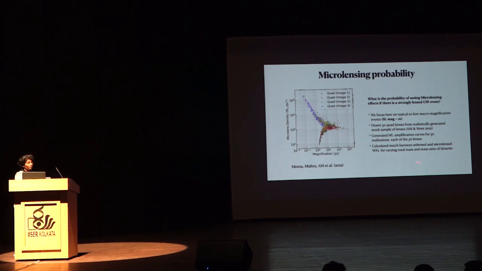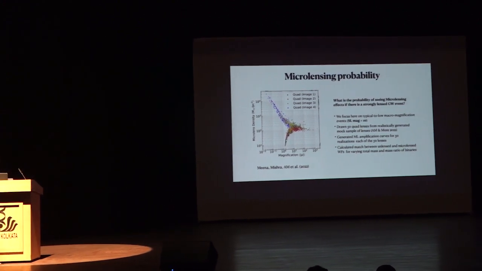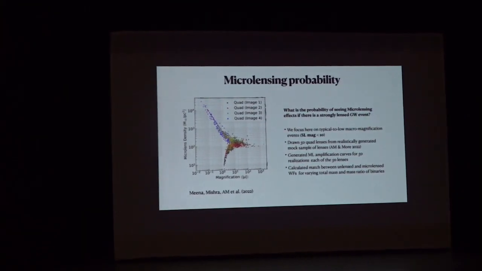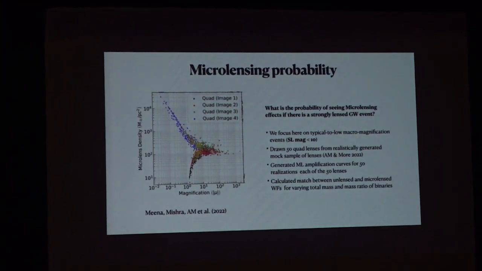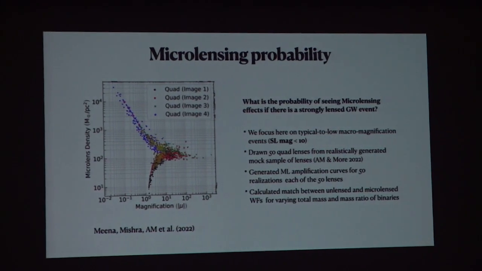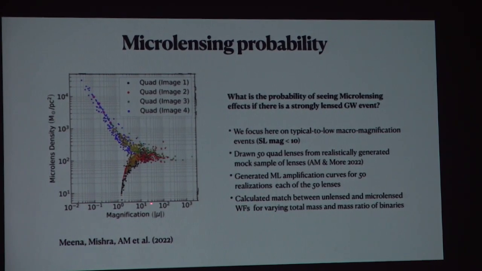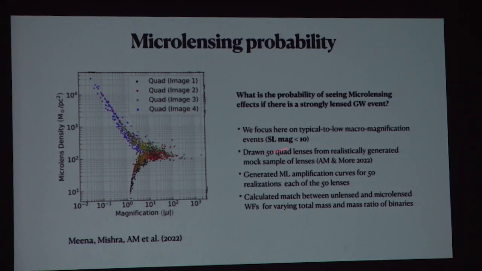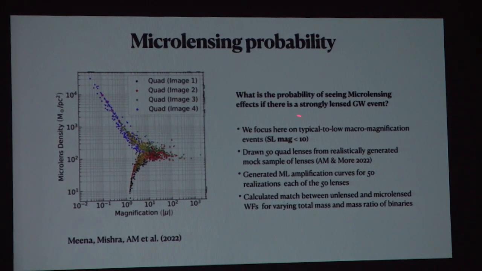We have also tried to quantify the probability of seeing microlensing in the gravitational wave data, and to keep it short, we have only focused on the low to moderate magnification region, specifically strong lensing magnification less than 10.